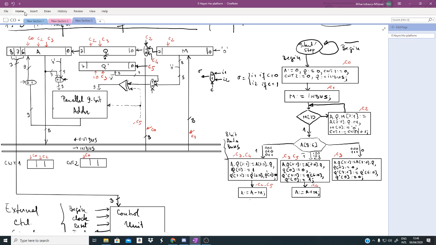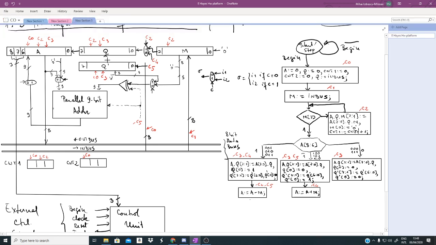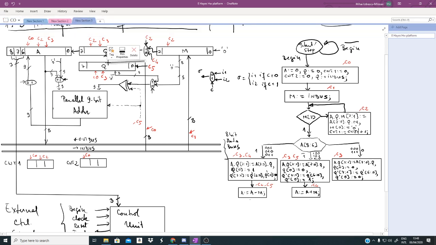Okay, so let me fix it like this. Okay, and then I'll draw this line over here, something like this. No, no. Okay, something like this.